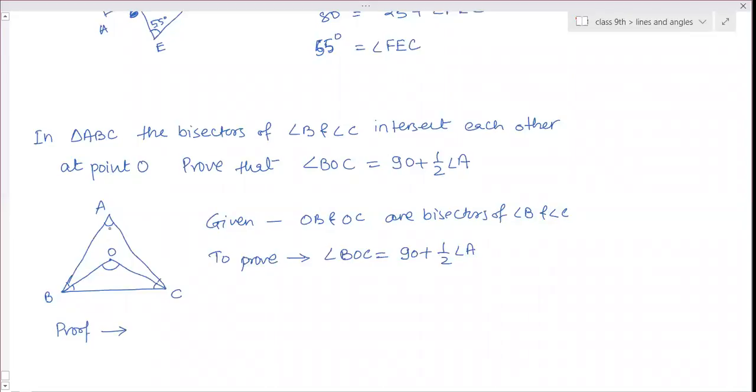Proof. We will consider this angle as X. This is Y and Y, these are two equal angles. And this is Z we will consider.